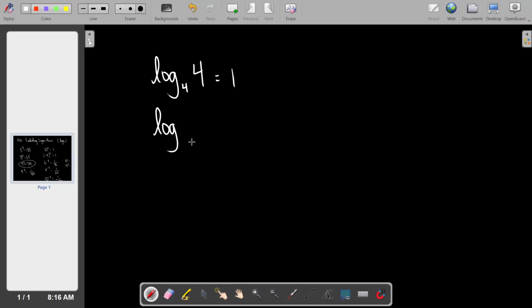I could put log base 14 of 14. What's the answer? It's 1. So it's redundant in the sense that I'm just trying to turn 14 into itself. There's only one way to turn a number into itself using exponents, right? Is to give it an exponent of 1. So those redundant logs, that's how that works. How about log base 5 of 625?